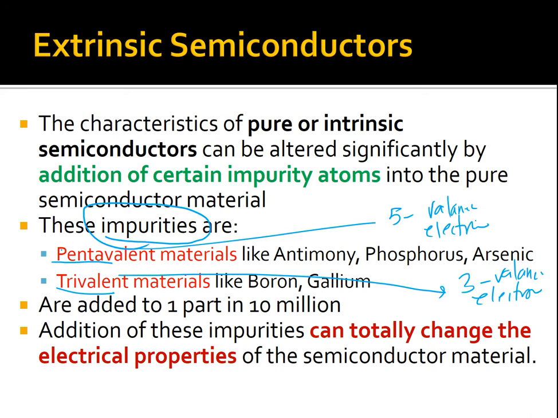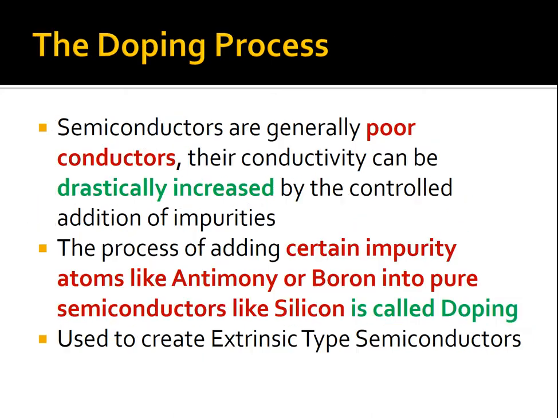If you add a pentavalent material like antimony, phosphorus or arsenic into the silicon, its characteristics will change. If you add a trivalent material, its characteristics will also change, and this process is called doping.